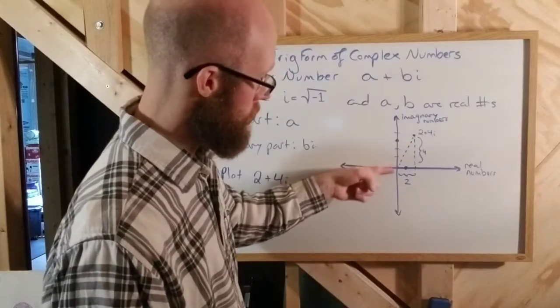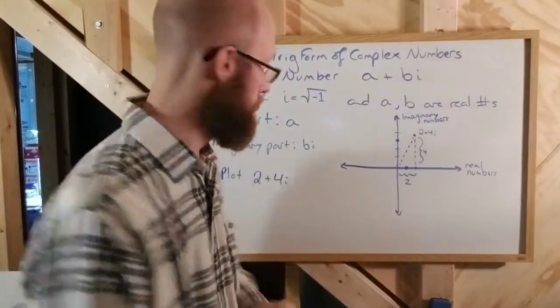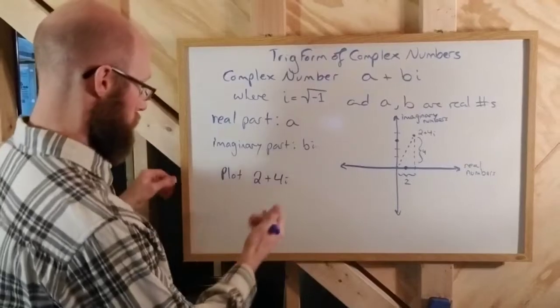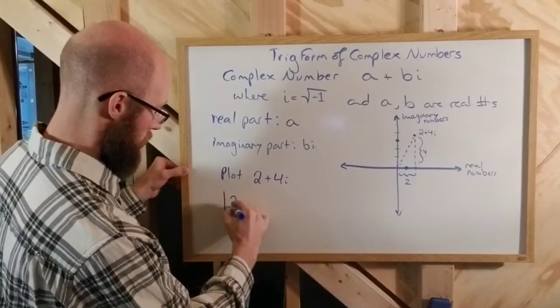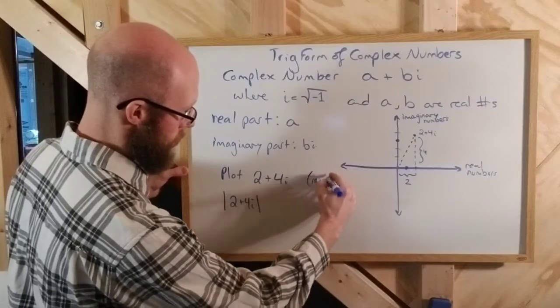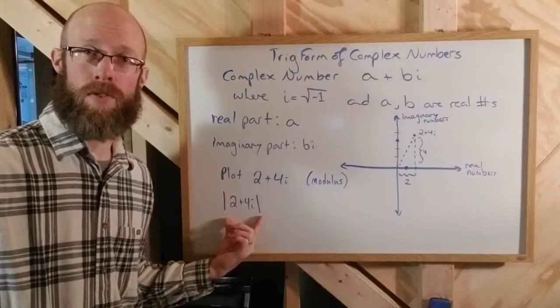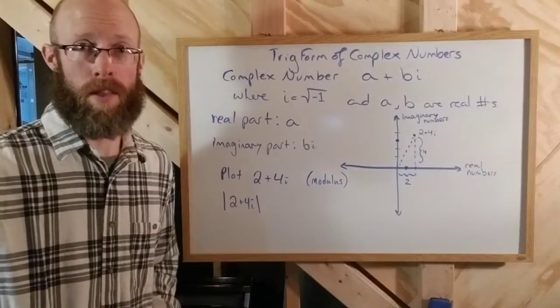The distance from a complex number to 0 is along the hypotenuse of this right triangle. So the absolute value of 2 plus 4i, the modulus of 2 plus 4i, is simply found using the Pythagorean theorem.